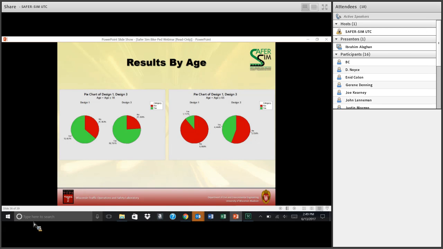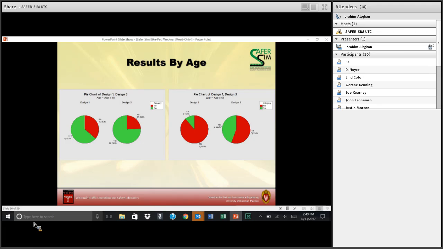If you do it by age, as you can see, for subjects between 18 and 65 years old, they understood design 3 much better, and for subjects who are older than 65, you could see clearly the difference between them.